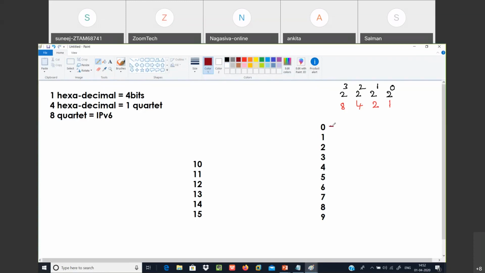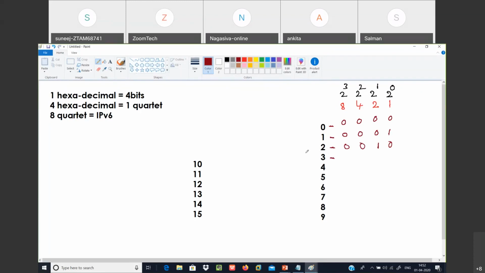So 0 means the 8 bit is off, 4 is off, 2 is off, and 1 is off. So 0 indicates four zeros. What about 1? 8 is off, 4 is off, 2 is off, and 1 is on. Like for 2, the 2 value is on, and the remaining are all turned off.